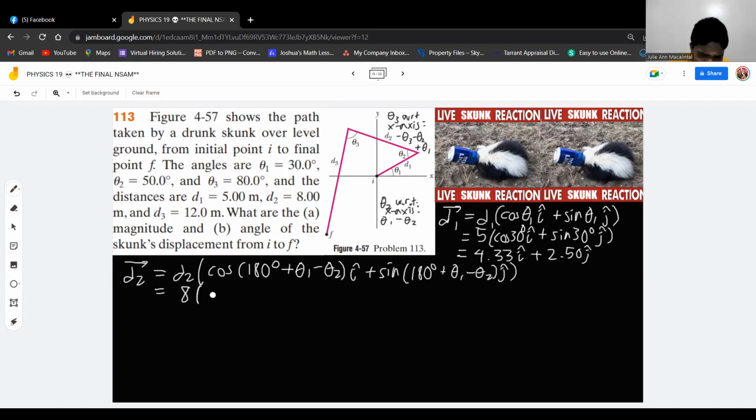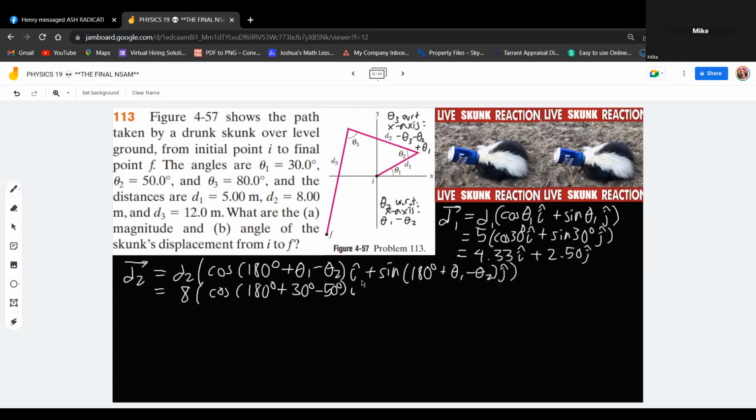This is more like algebra torture instead of actual physics torture. Okay, I found the angles. Geometry.